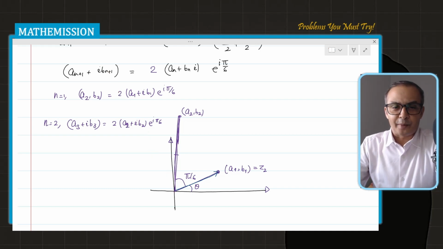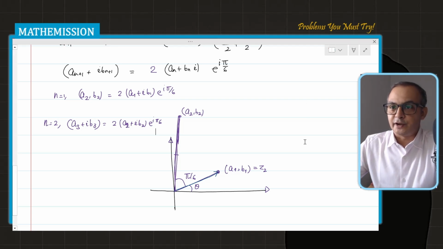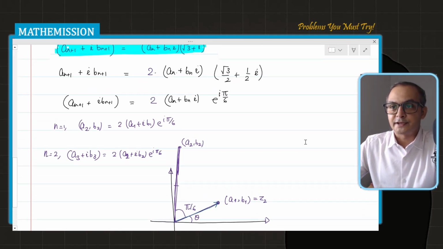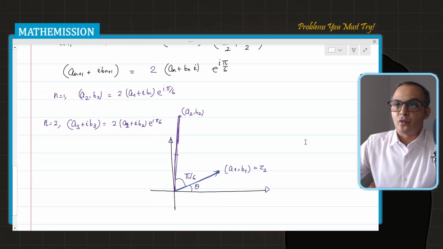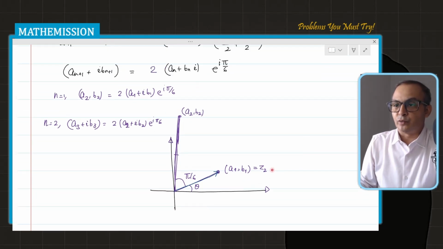So what is the pattern we can extract? Let's say this is your z1. Sorry, I wrote z2 there, I don't know why. This is z1, and this is our z2.